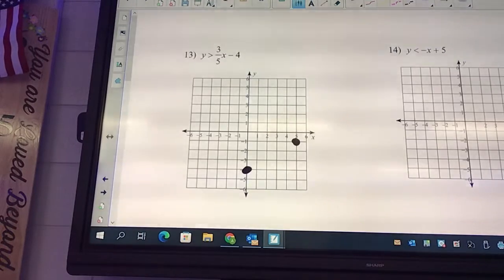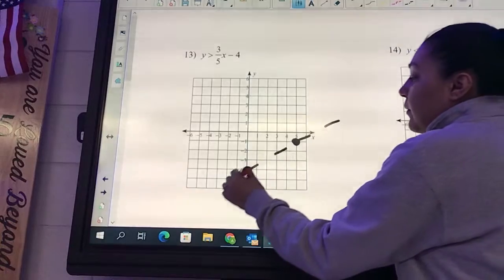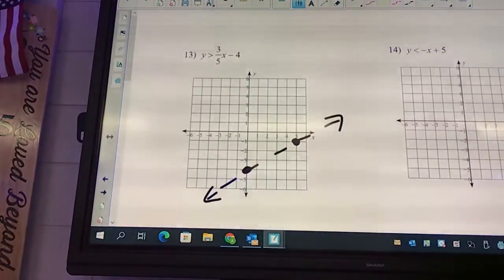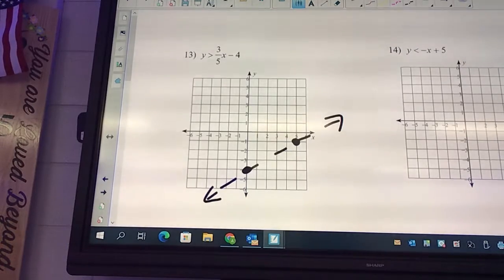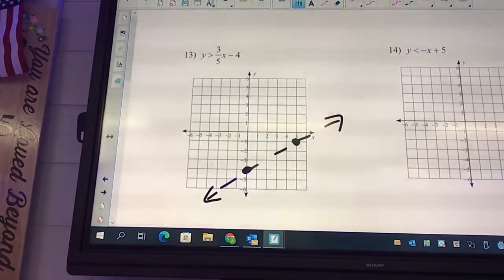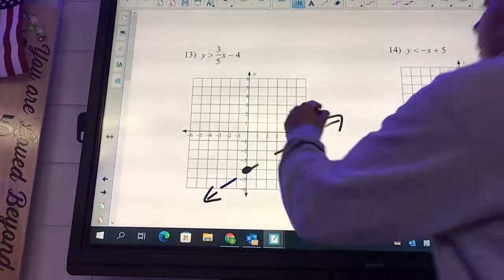Dotted or solid? It's going to be a dotted line. And then it says y is what? So are we going to shade above or below? Above.